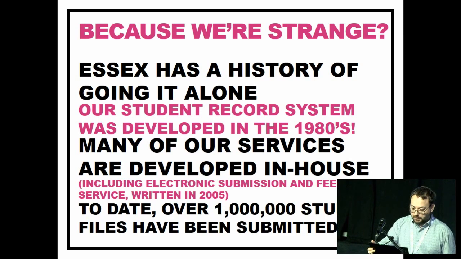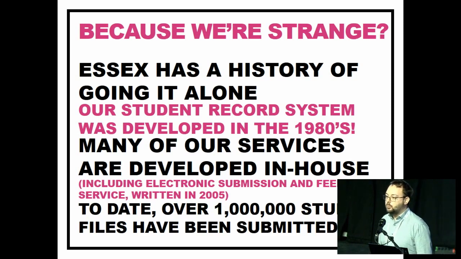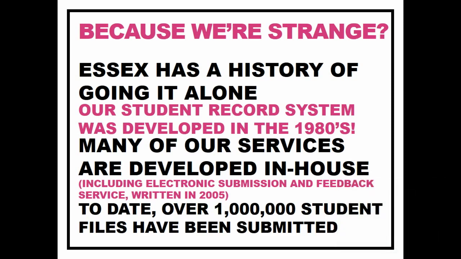And it's probably because we built our own e-assessment tool. The University of Essex has a habit of going it alone. We developed our own student record system back in the 80s, and many of our services are made in-house. To give you an idea of how vast this service is, we've had over 1 million student submissions in about 10 years.